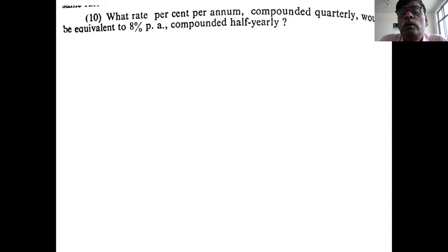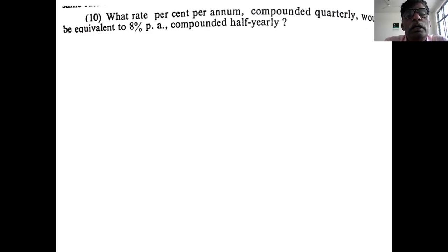Apply the equation and calculate the rate. Then that rate must be equal to 8% per annum compounded half yearly.